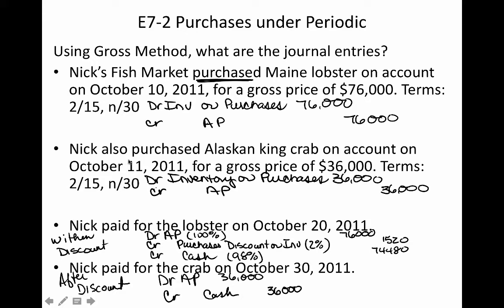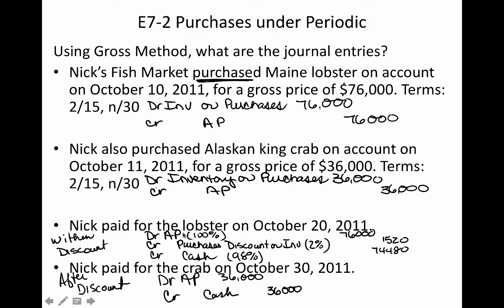He also buys Alaska king crab on October 11th, debiting inventory or purchases, crediting accounts payable for the king crab's gross price of $36,000. Because Nick paid for the lobster within 15 days, October 20th versus October 10th, he only has to pay 98% of the bill.